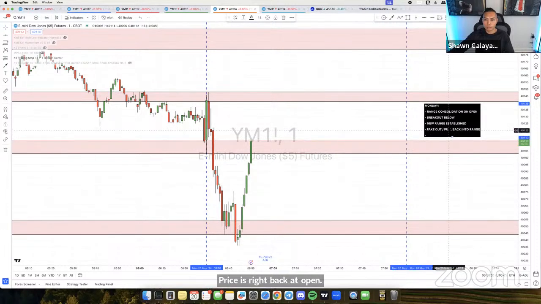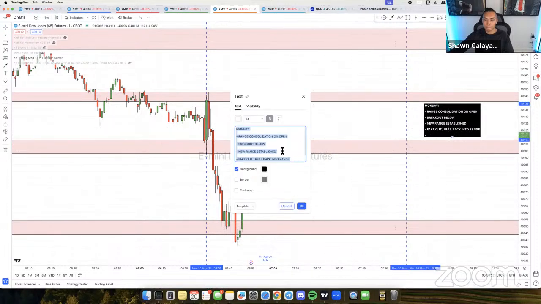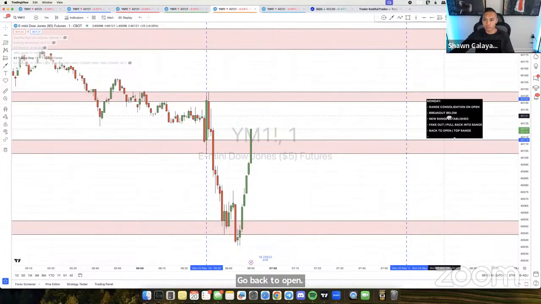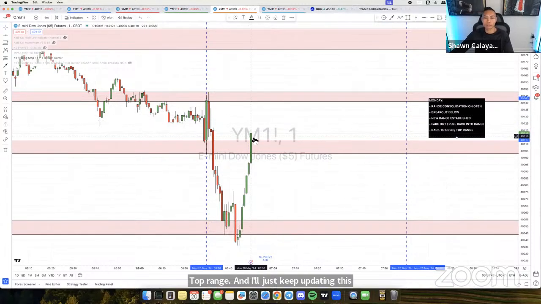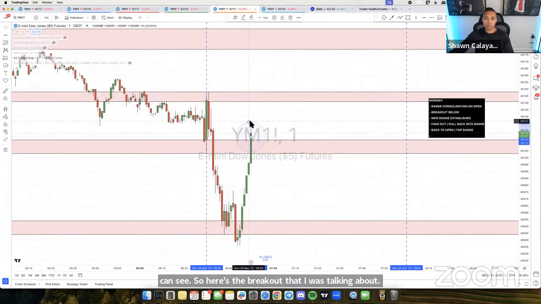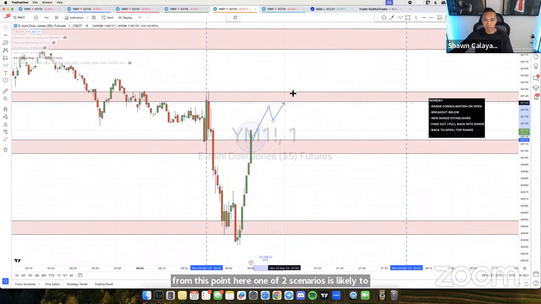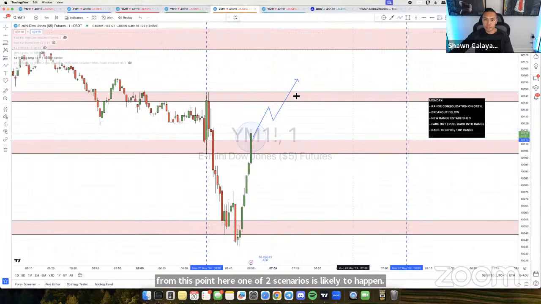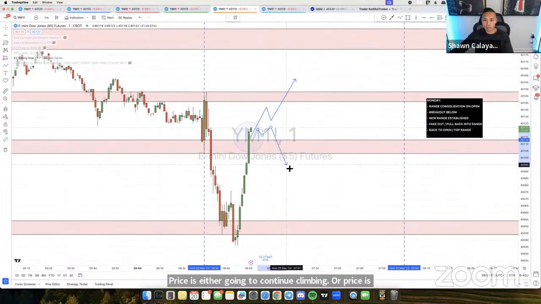So now, back to open. Top range. And I'll just keep updating this so that you guys can see. So here's the breakout that I was talking about. So this is what you want to pay attention to, because from this point here, one of two scenarios is likely to happen. Price is either going to continue climbing, or price is going to fake out right here, and then it's going to come right back down into the range.